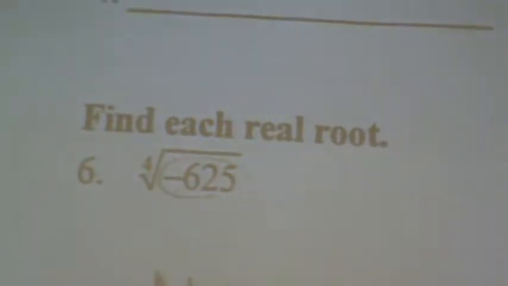Number 6, if the radicand is negative, you can't do it with an even root, so this is not possible, or no solution. Number 7, 0.3 times 0.3 times 0.3 is 0.027.